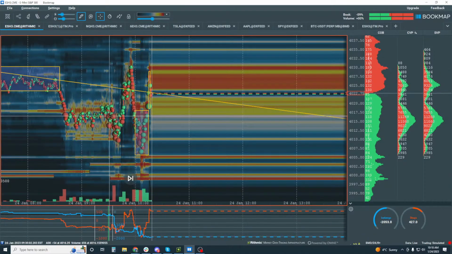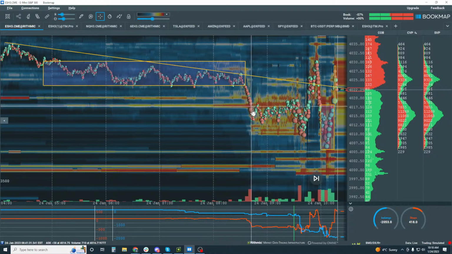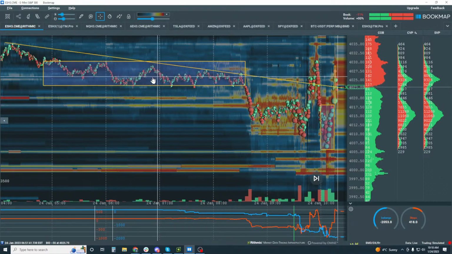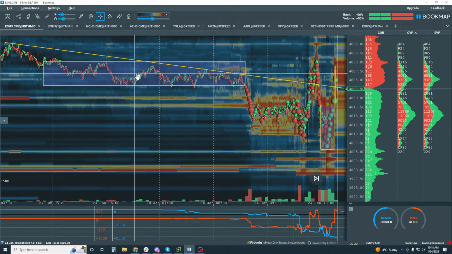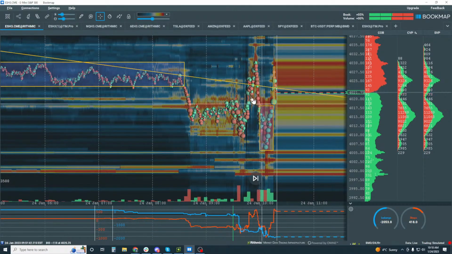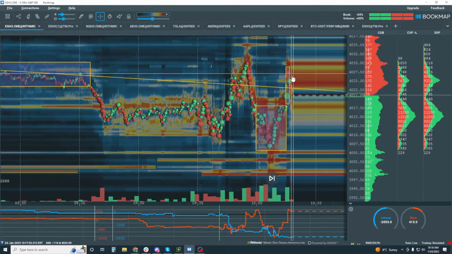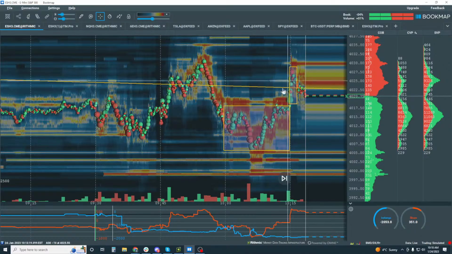Here's our range, and then the strong move away on this volume. Now this is pre-market, so you have to look at it in terms of reference here. Look at the dots in here and look at the ones here. So they're moving it away from this area here, and here's the back and forth and the revisit back up into this area here. But now we're just going to talk about this move in here.